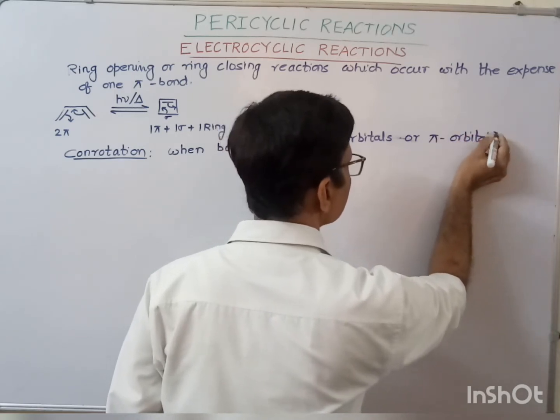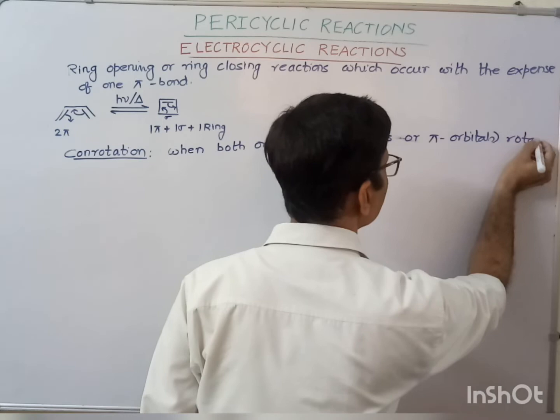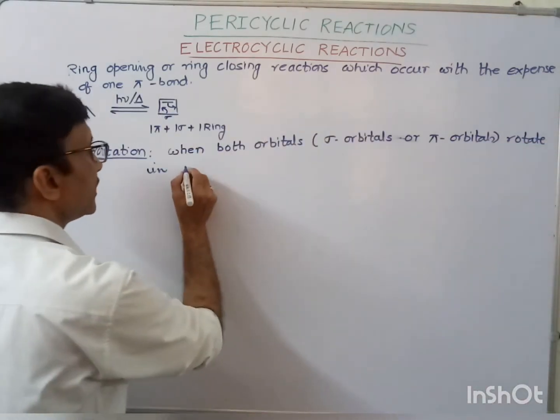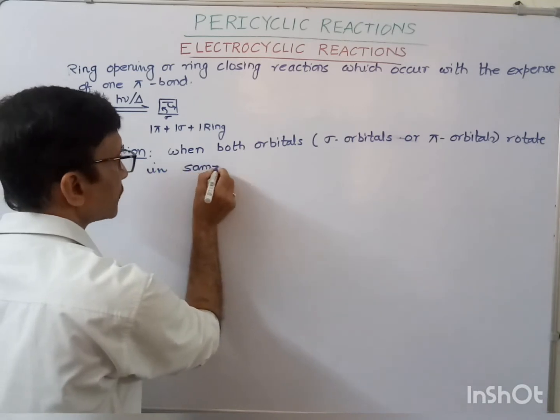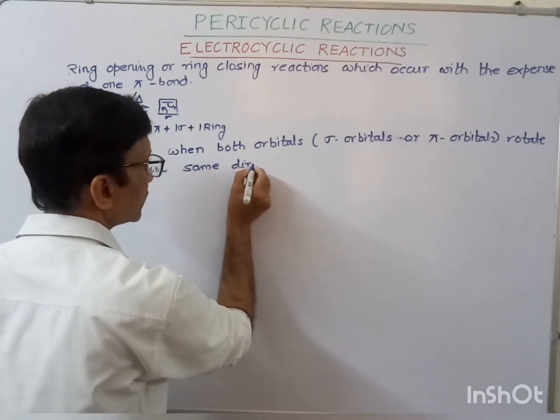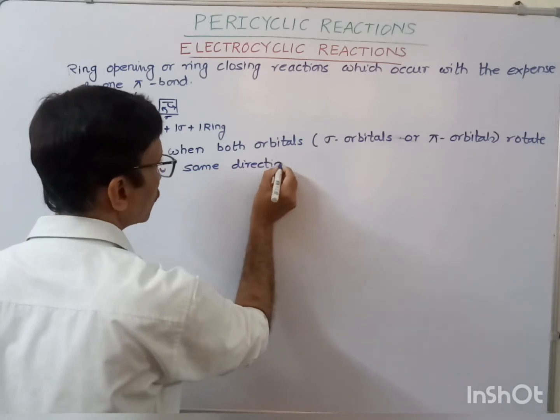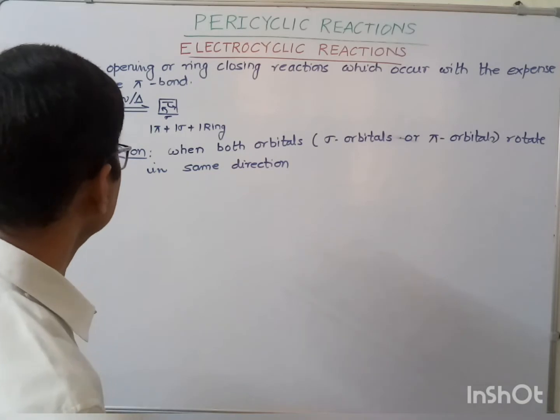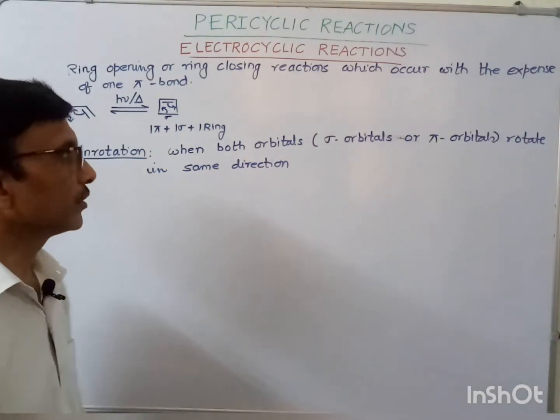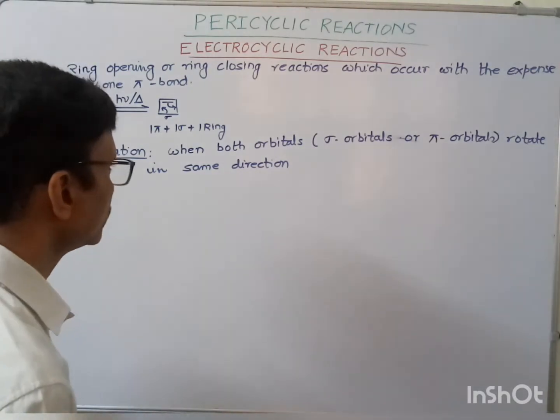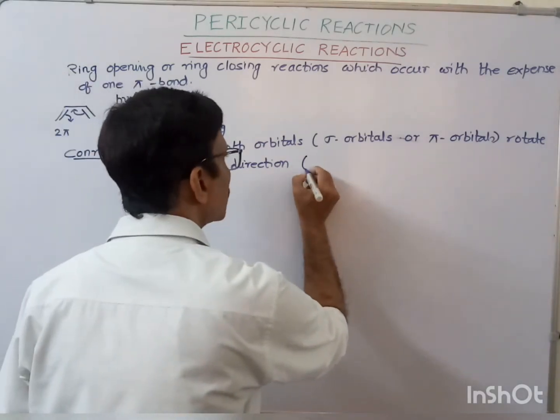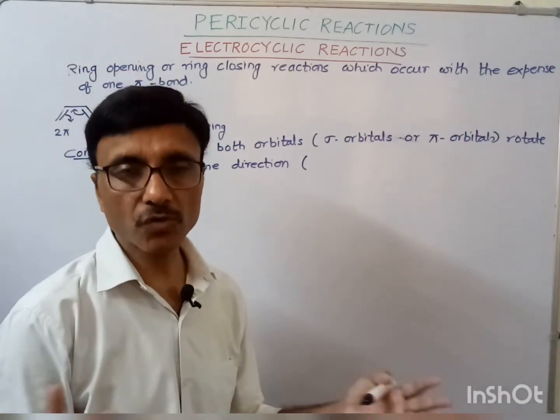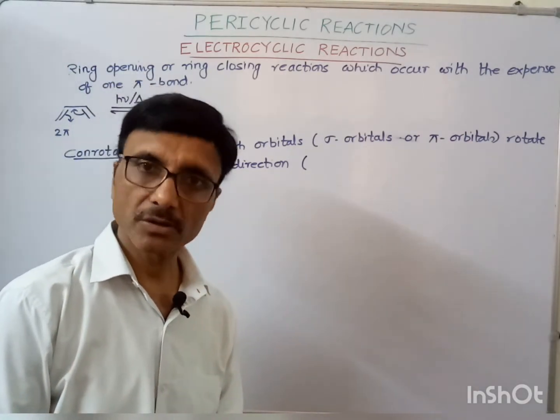when both the orbitals rotate in the same direction, then such a type of movement of orbitals is called conrotation. This rotation should be in the same direction, and it can be either clockwise or anti-clockwise.